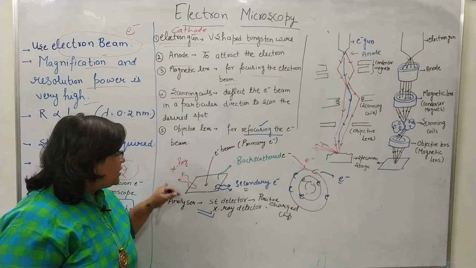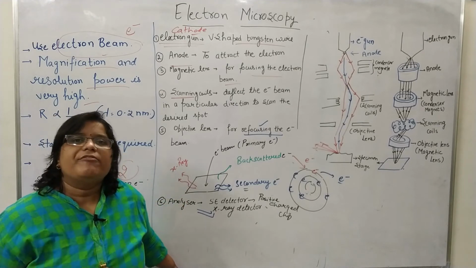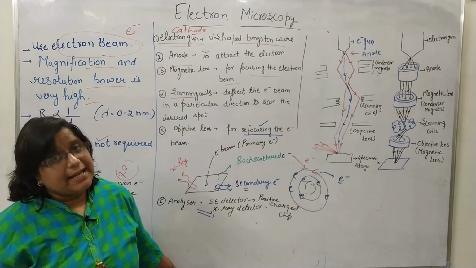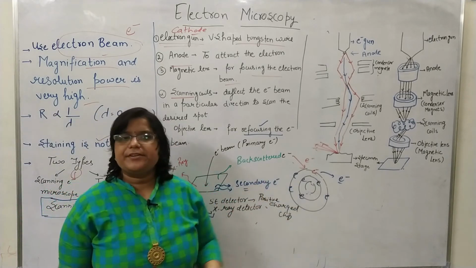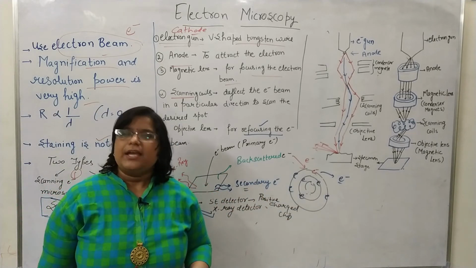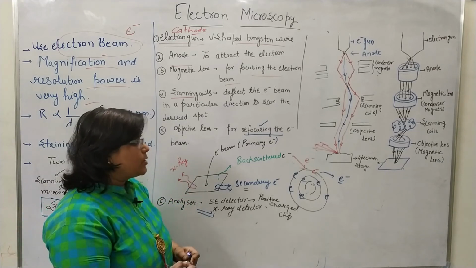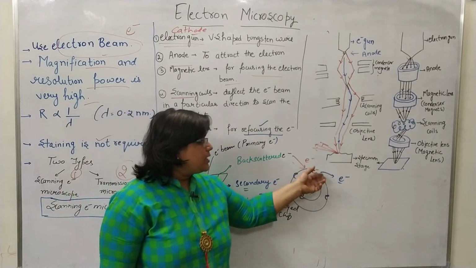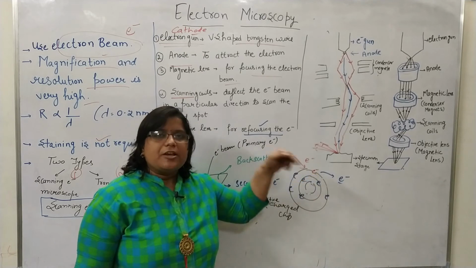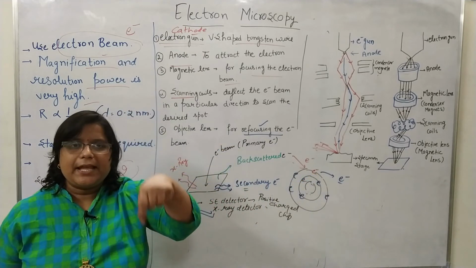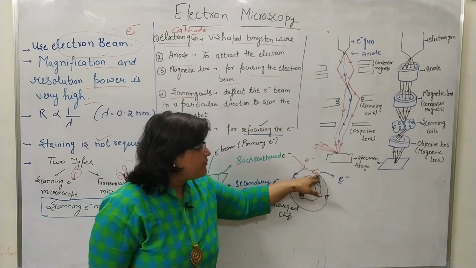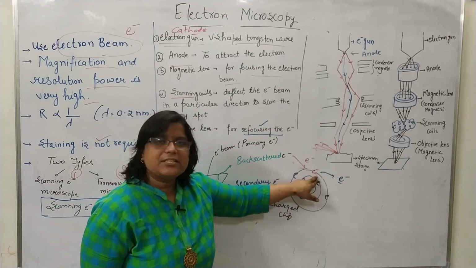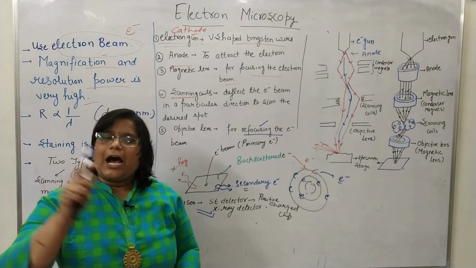Here the third incidence happens in the form of X-ray. Now what is the X-ray? This incidence will happen after the secondary electrons are emitted out. When the secondary electrons are emitted, the primary electron will shift into the place of the already placed electron.